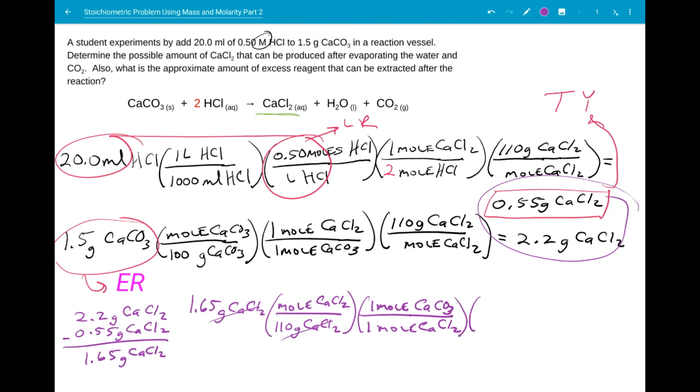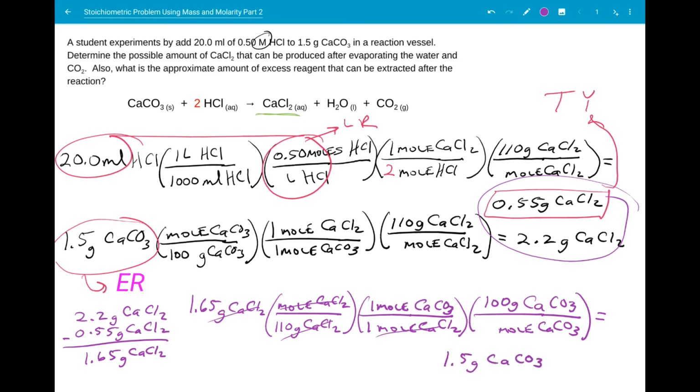And then whatever units are up top, I put on the bottom: mole CaCO3, which is 100 grams. That came from the second line. I could recalculate, but that would be a waste of time. Once I do my calculator work, it turns out to be 1.5 grams calcium carbonate.